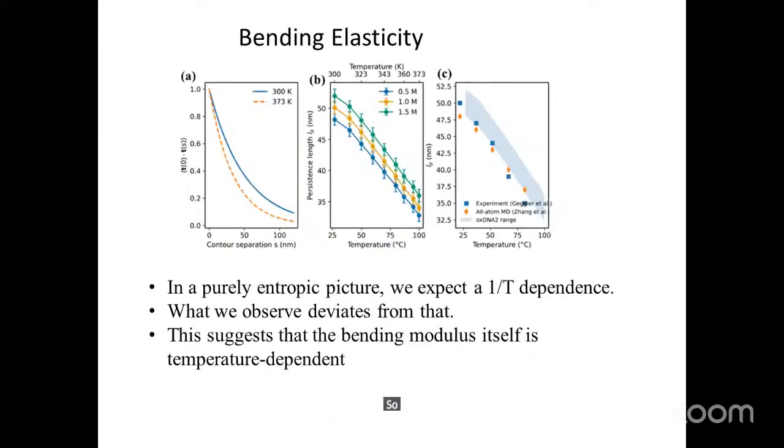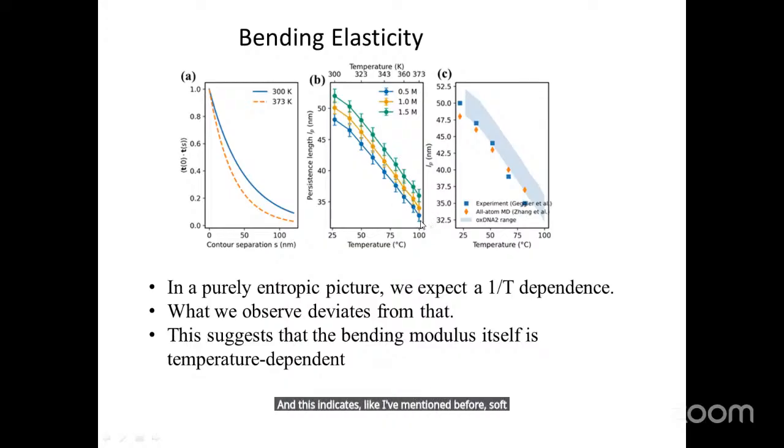Here we examined the bending rigidity through the persistence length. As the temperature increases, the persistence length decreases, and this indicates, like I've mentioned before, softening.